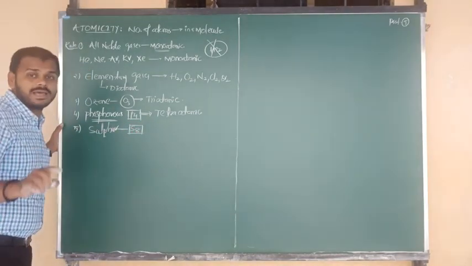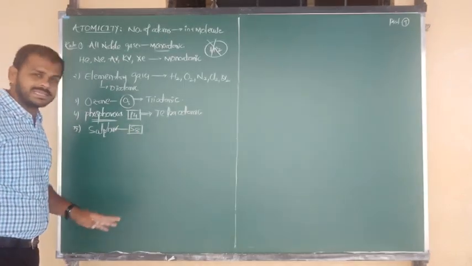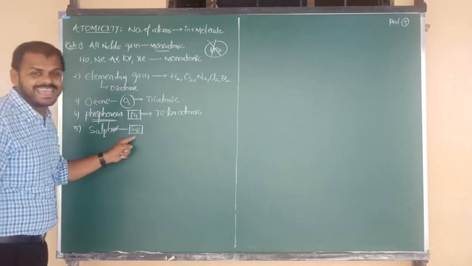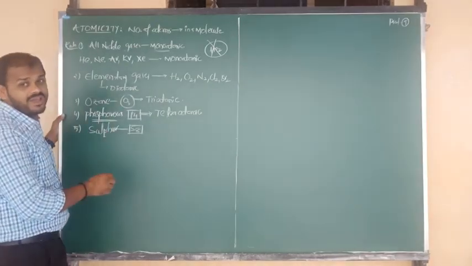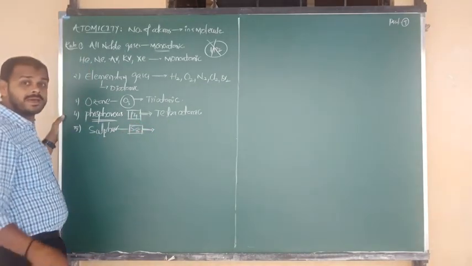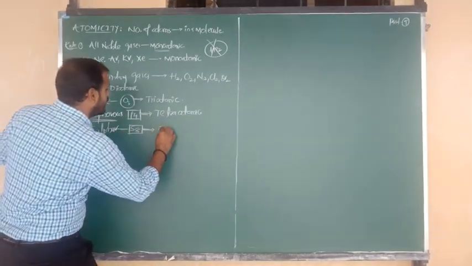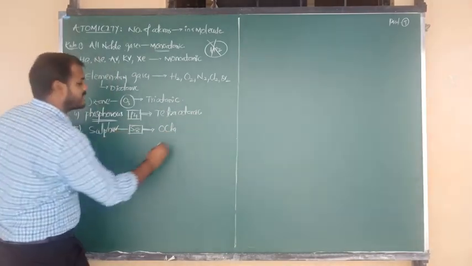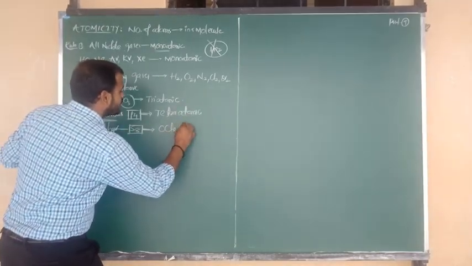Another S6 form is also there, but the stable common form is S8. So what is the formula of sulfur? S8. How many sulfur atoms are there? 8 sulfur atoms are there. 8 means octa, so we have to say octa atomic.